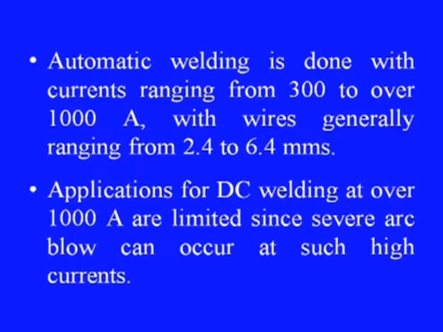Applications for DC welding at over 1000 ampere are limited, since severe arc blow can occur at such high currents. New generation power supplies provide more stable arc and can be maintained at lower current densities.